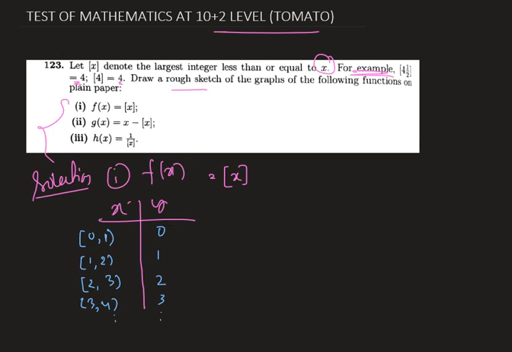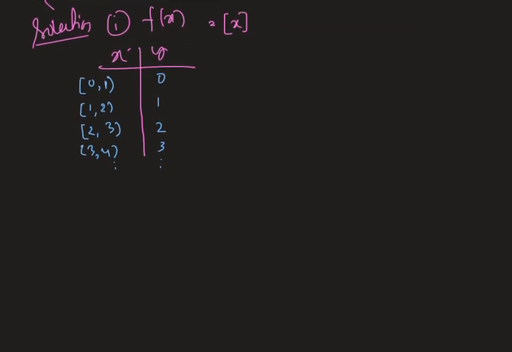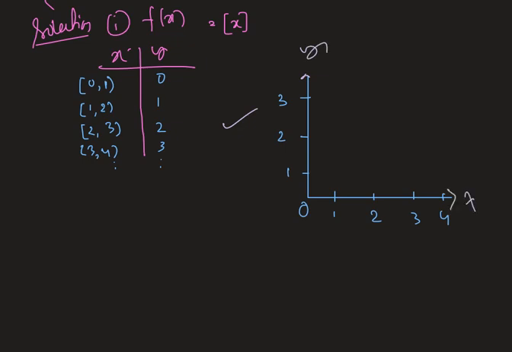Now we have to draw the required graph. So this is our coordinate axis with points from 0 to 4 on the x-axis and 0 to 3 on the y-axis. Now for the first one, that is 0 to less than 1, we have the value of y as 0, so let's denote it by this.